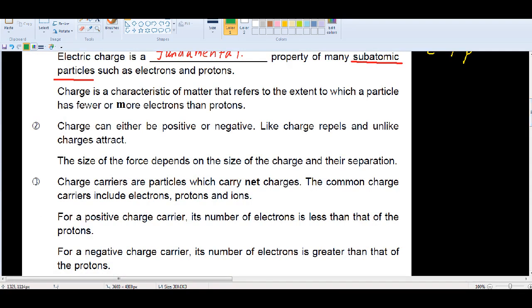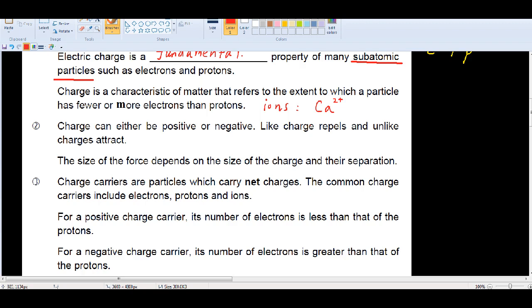Charge is also a characteristic of matter that refers to the extent to which a particle has fewer or more electrons and protons. When we see some ions, for example calcium, if you study chemistry, you know the charge of a calcium ion should be 2+ units.